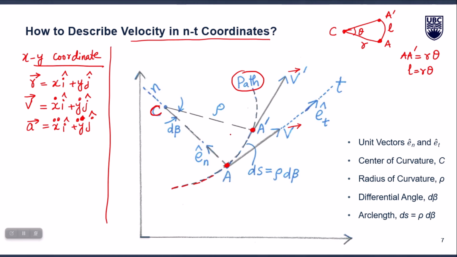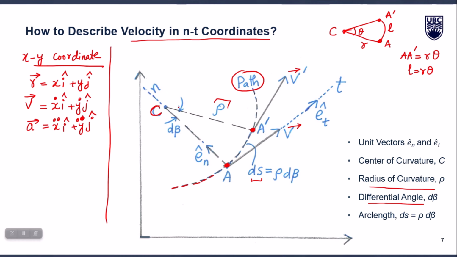So if we denote the radius of curvature with rho, the radius of the big circle which has the arc A A prime, then we can write this distance ds, this distance A A prime, as rho times d beta, where d beta is the differential angle between those two time instants, when the particle was at A and when it moved to A prime.